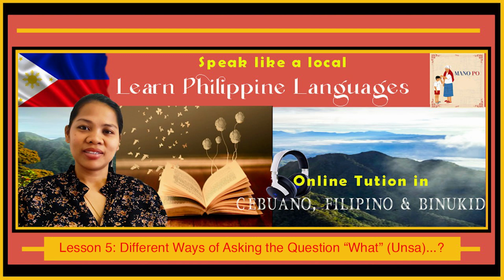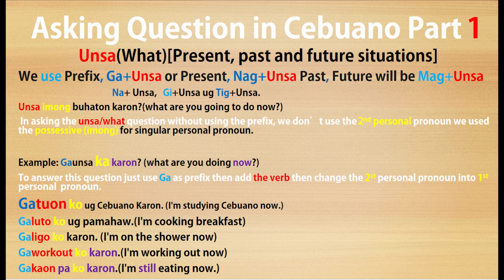Gaunsa is used to ask a question in the present situation. Nagunsa is used to ask a question for the past situation. Magunsa is used to ask a question in the future situation using the what.